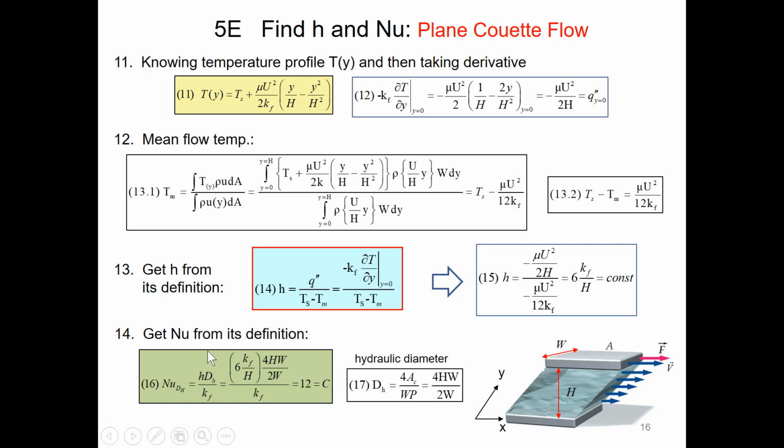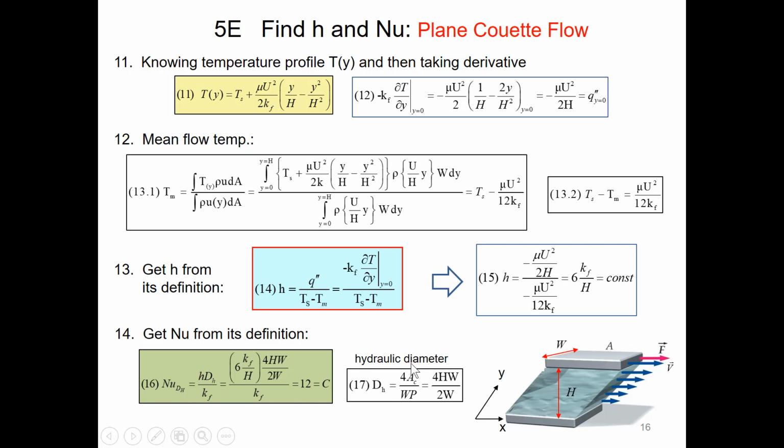We finally can obtain the expression for the Nusselt number, which is defined as h times hydraulic diameter, because it is a non-circular conduit, divided by thermal conductivity.